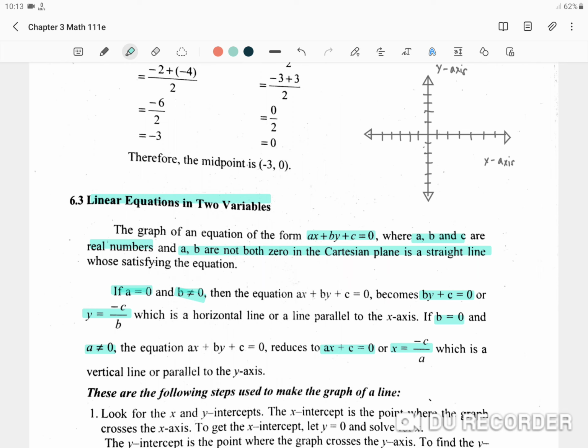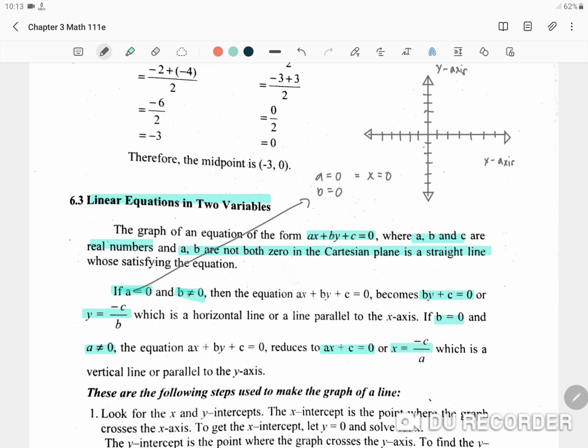Say for example, if a natin is equal to 0 and our b is not equal to 0, basically, what we're trying to say here is that x is equal to 0.